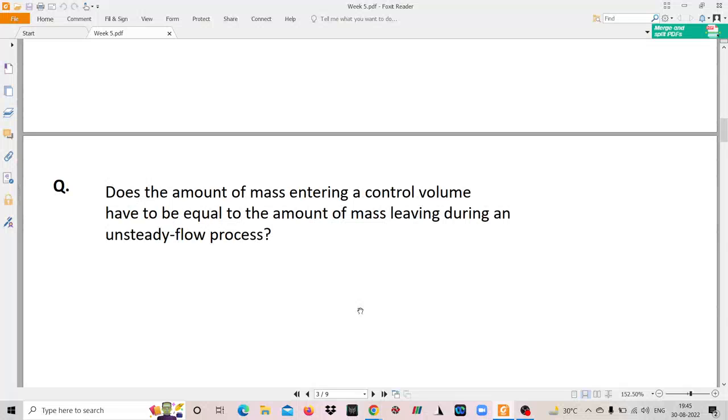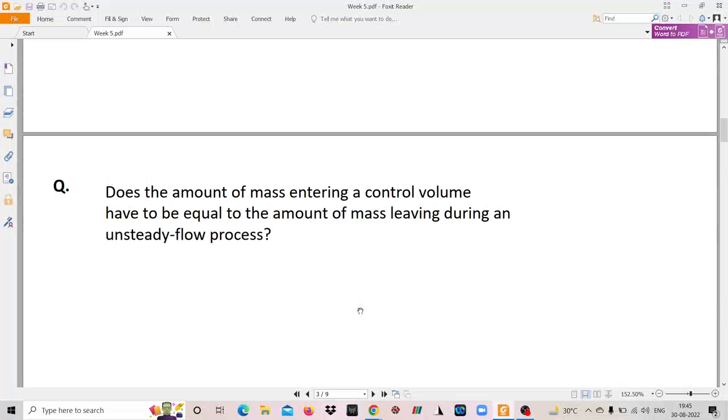The answer is no, right? Because whatever mass is entering, that much amount of mass is also leaving. So the time rate of change of mass within the control volume will be 0. Clear?